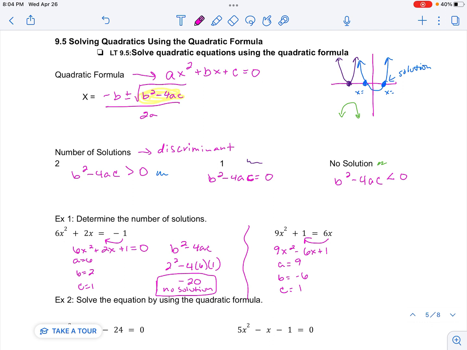Whenever you have a number that's negative, make sure you put it in parentheses because your calculator doesn't always recognize that. So negative 6 squared minus 4 times 9 times 1. Type that all in at once and you get 0. Therefore, there is one solution.